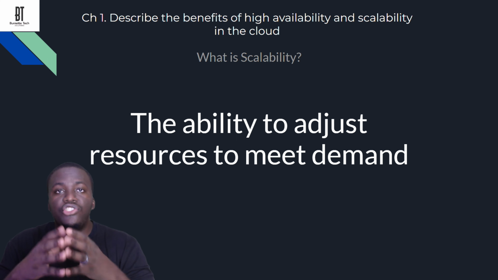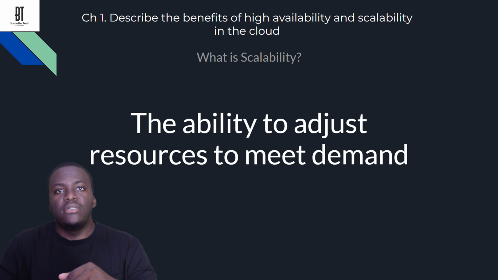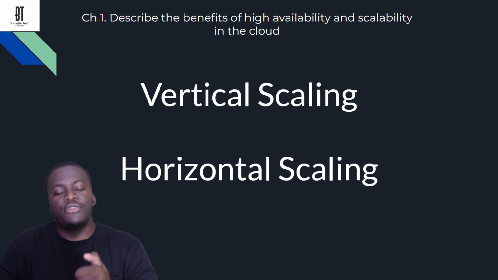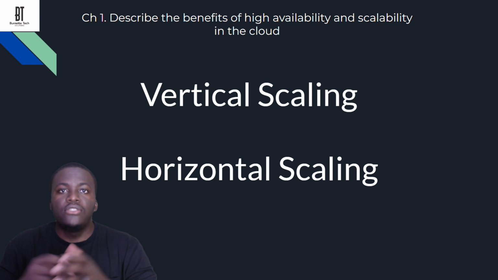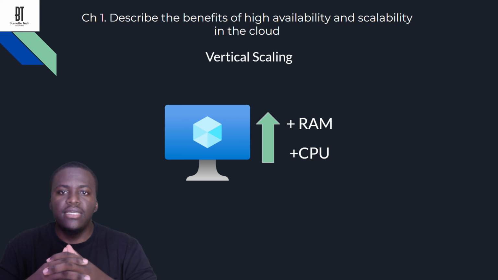Scalability generally comes in two variables. You have vertical scaling and you have horizontal scaling. So let's look at vertical scaling and horizontal scaling. A vertical scaling is the ability to add more system resources to a specific resource.